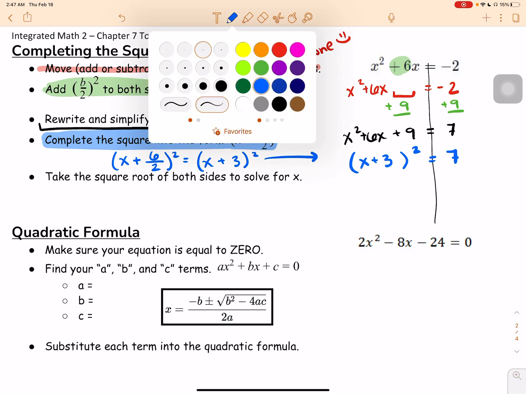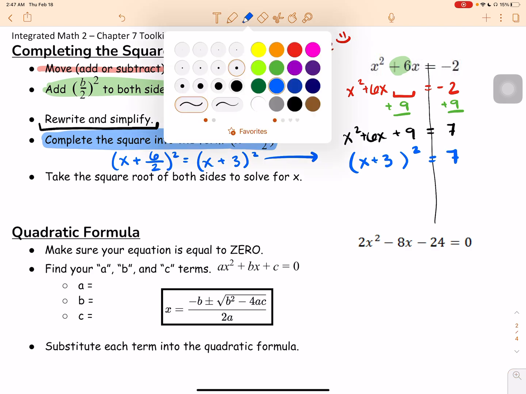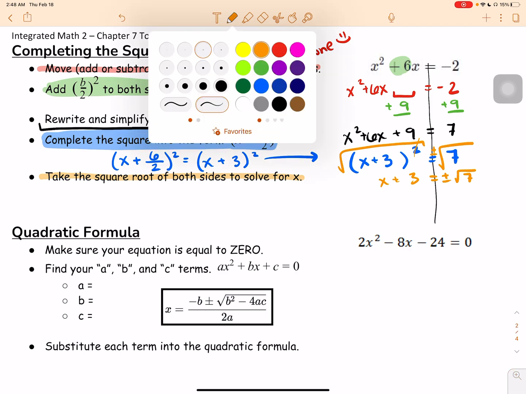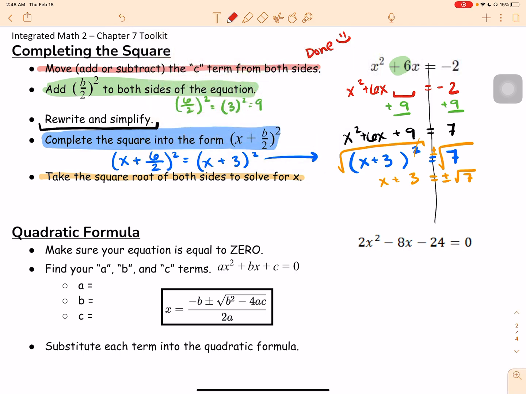So now this is in perfect square form. And we now must take the square root of both sides to solve for x. If we take the square root here and here, do plus or minus. So we have x plus 3 equals plus or minus square root of 7. Then I'm going to subtract the 3 from both sides.